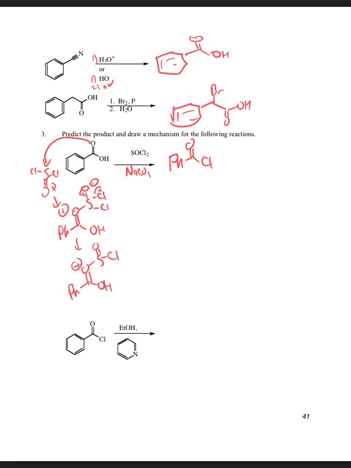Now this chloride can add to the carbon because we have a really good electrophile, breaking the double bond. So that gets us to the tetrahedral intermediate. Then we can form a double bond, kicking off all the stuff as a leaving group.